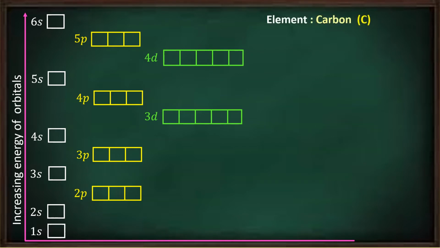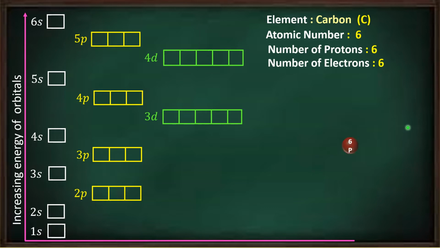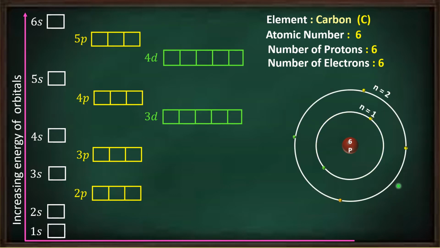The next element is carbon, C, atomic number 6, number of protons 6, number of electrons 6. 6 protons are there, 6 electrons revolve around the nucleus, 2 in the first orbit and the remaining 4 in the second orbit. So we have to distribute these 6 electrons into these orbitals as per the rules.